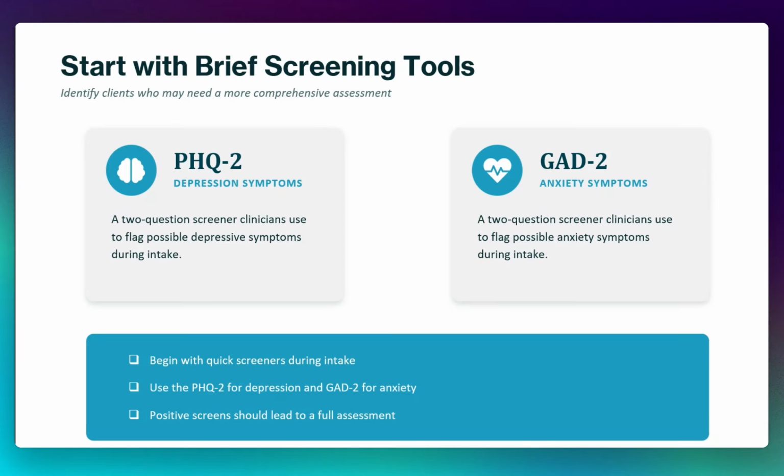One of the easiest ways to improve your mental health intake assessment is to begin with short screening questionnaires. The PHQ-2 for depression and GAD-2 for anxiety each take less than a minute to complete. You may have even seen one of these at your doctor's office. They work well in busy behavioral health practices, nonprofit organizations, and integrated healthcare settings.